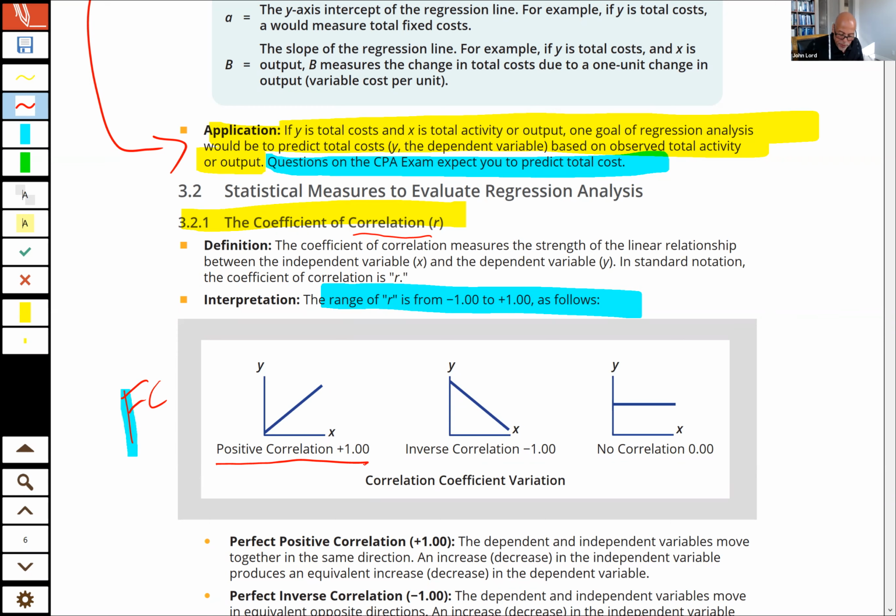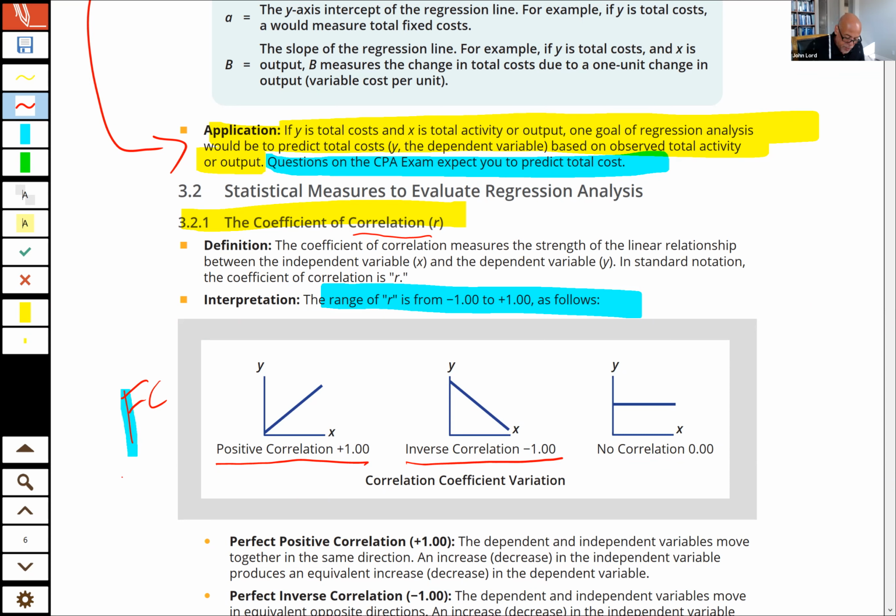If there is a -1 as your coefficient of correlation, that's telling you that they move in the opposite direction. If it is 0, that's essentially telling you that there is no correlation.